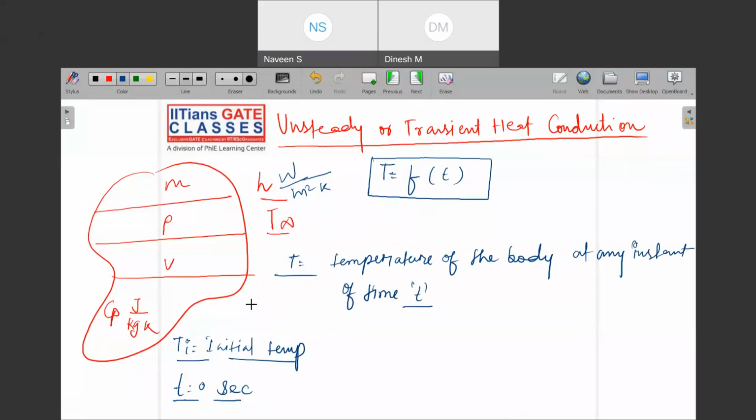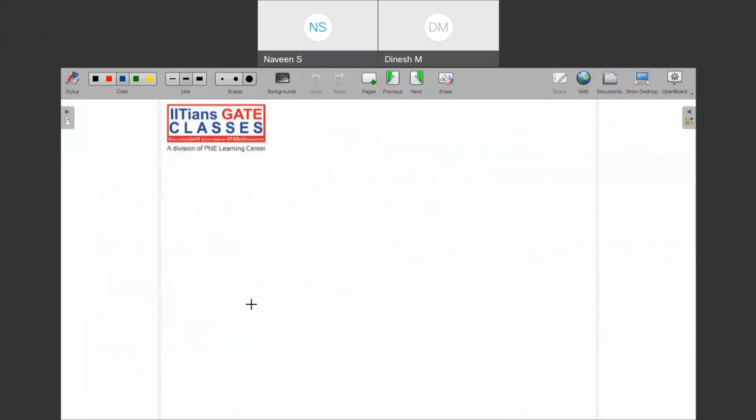Now I will write down the heat balance equation: whatever heat is going outside must be my change in internal energy. So can I write down the rate of heat convection, or rate of heat transfer, from the body to the fluid.